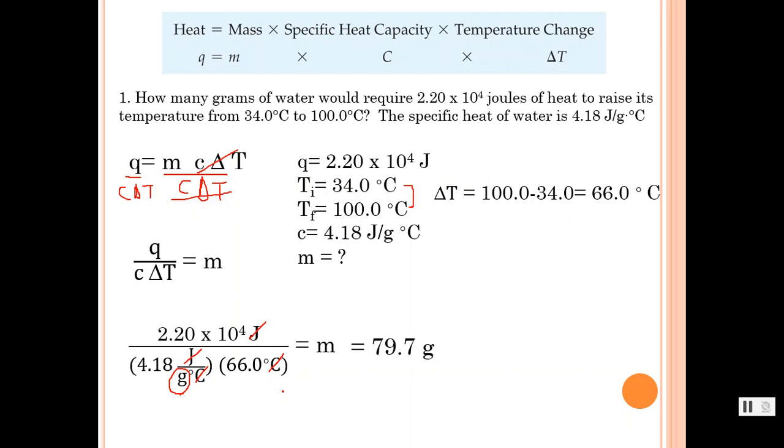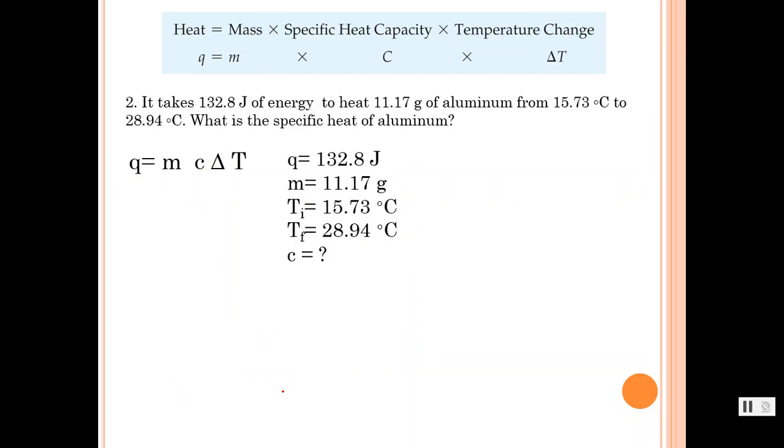So this is one type of problem that you could encounter using Q equals mc delta T, where you have to solve for mass. This problem is very similar to the problem that we did in the previous video, where we had to solve for specific heat. In this case, I'm given a mass, energy, and initial and final temperature.